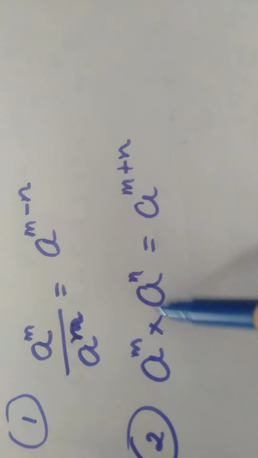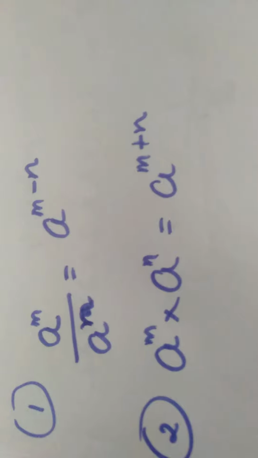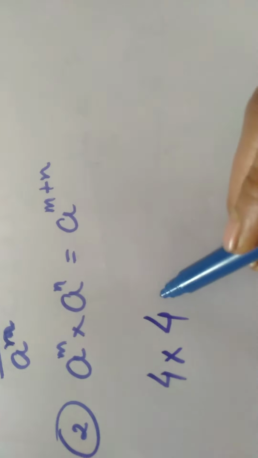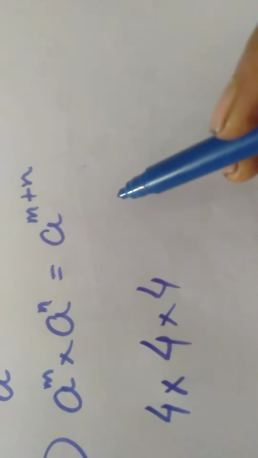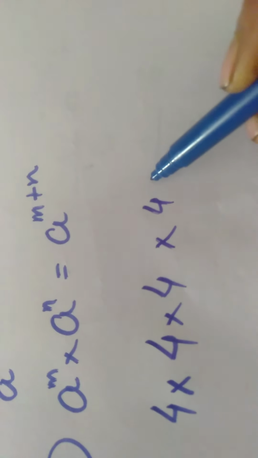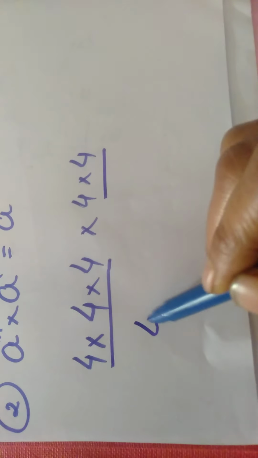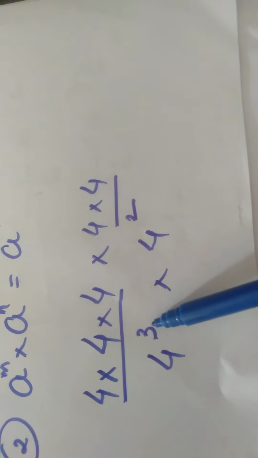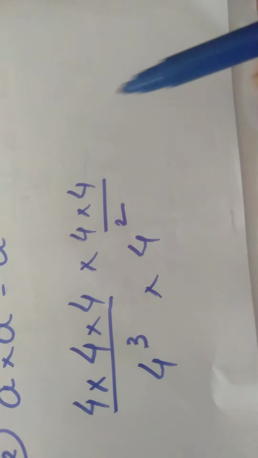A to the power m into a to the power n is equal to a to the power m plus n. Just see the example, suppose we take 4 into 4 into 4, then again we multiply 4 into 4. Now here we can write 4 to the power 3 into 4 to the power 2. 3 times 4 is multiplied, so it is written 4 to the power 3. 2 times 4 is multiplied, written as 4 to the power 2.